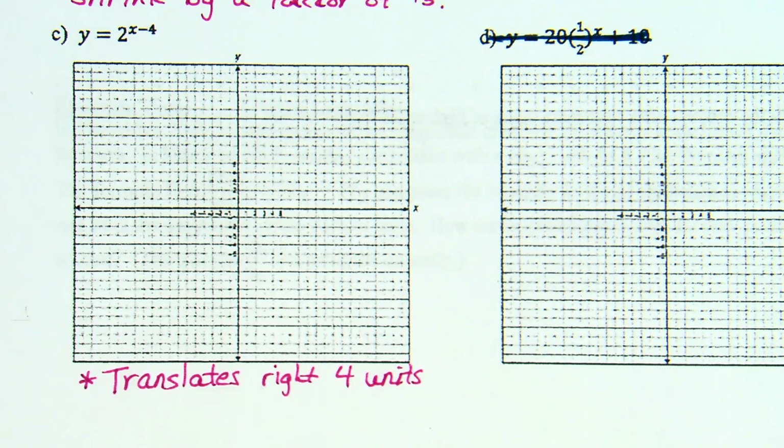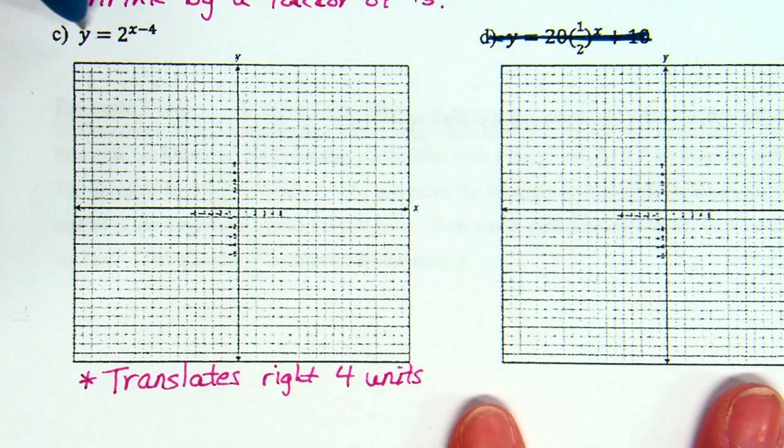Because if you just do an XY chart for -2 through +2, and you just plug them in here, you're going to get a whole bunch of very small decimals or fractions, and you're not going to be able to tell the shape of the graph and where it's going. And so my recommendation, what is it we're going to move right for? We're going to move that y equals 2 to the x right 4, yes?